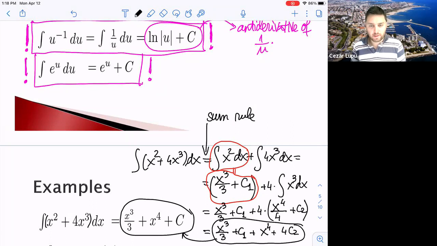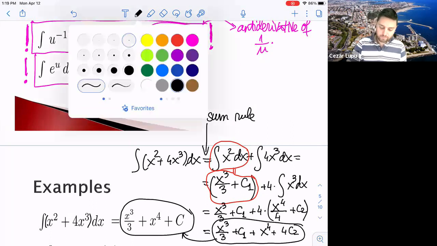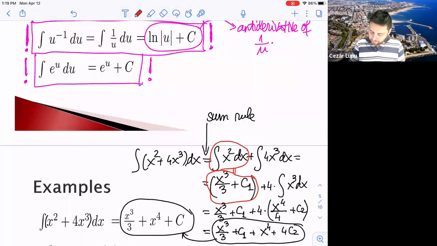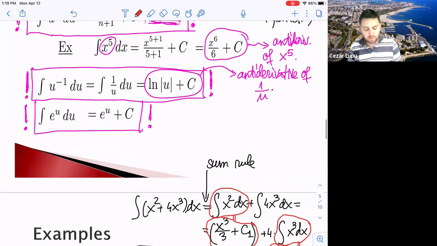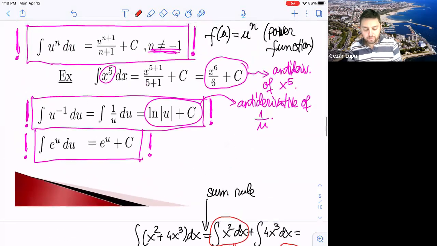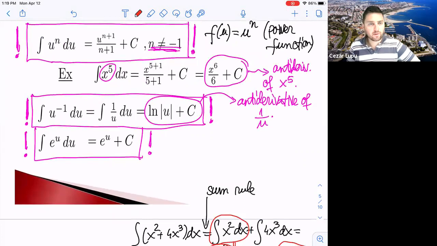Right? Does it make sense? So the only thing we used was the sum rule, and then we used the constant rule, and we just computed the integral by using the first one, the integral of the power function. All right, great.